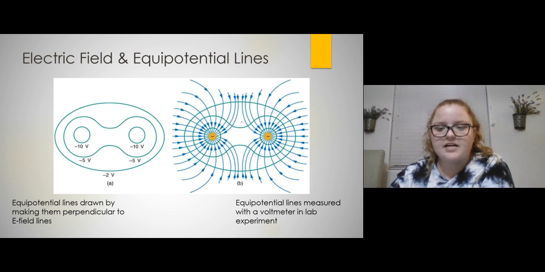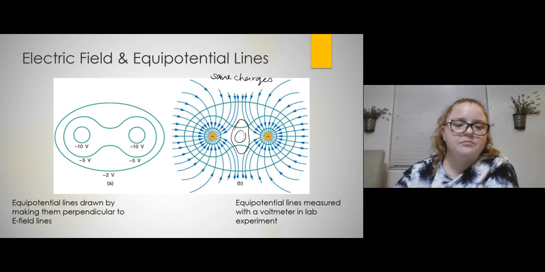Because we don't have anything crossing here, we just leave it blank in here, and we connect it like so. Again, this is when we have same charges, or like charges.